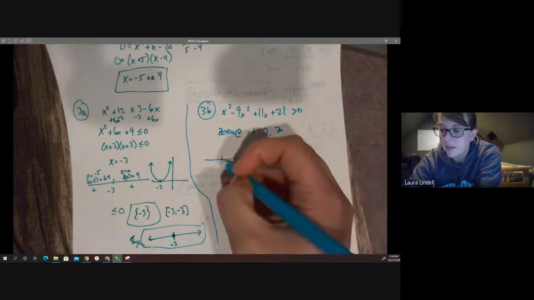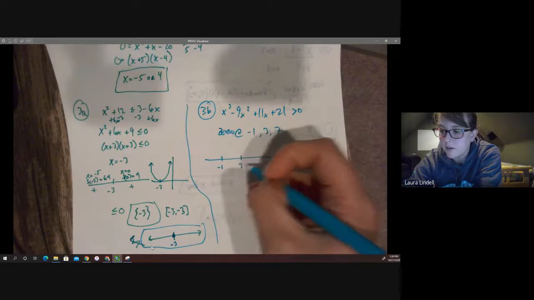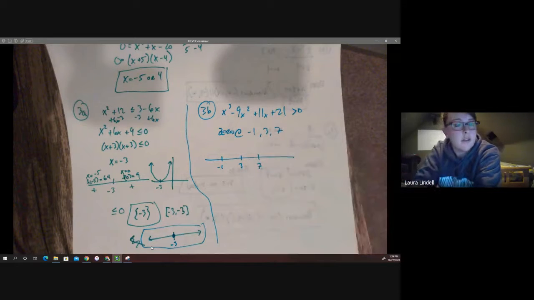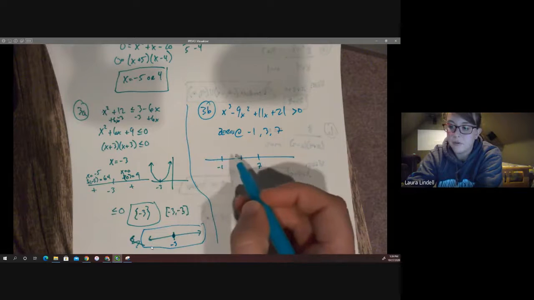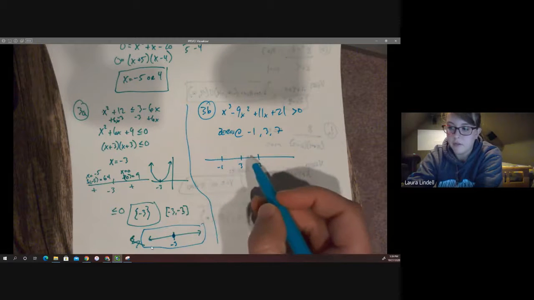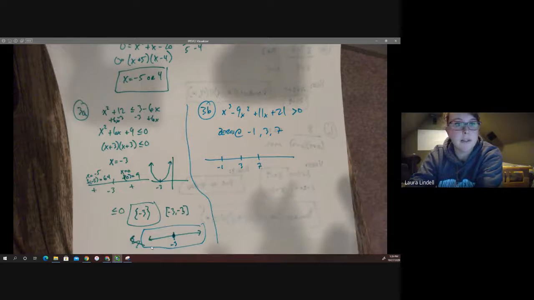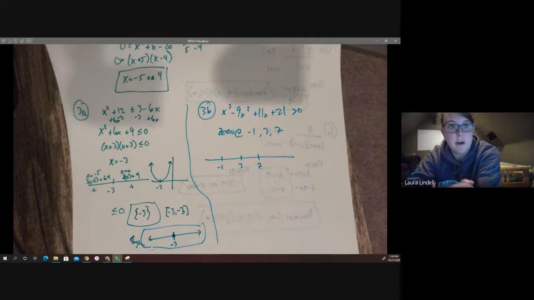On my paper, I might write down our zeros at -1, 3, and 7. And if I was making a sign chart, that's what I would put on my sign chart. From here, you could plug in numbers like -2, 0, 4, and 10 and figure out if it's positive or negative.